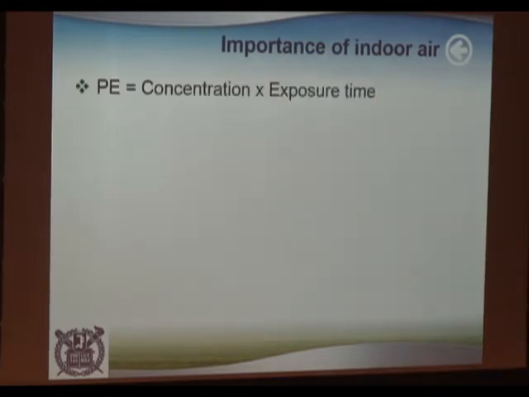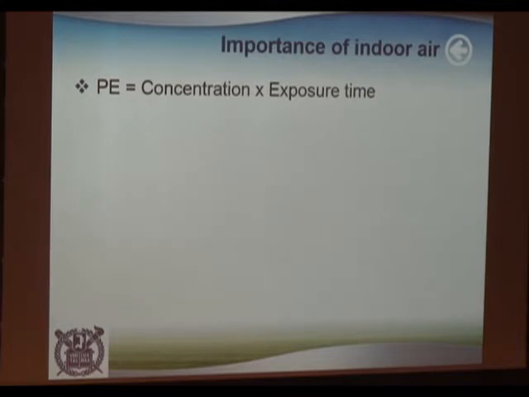So personal exposure can be described by indoor concentration and residential time. In the previous slide, I showed the concentration is located inside the box, and the person stayed outside. In that case, personal exposure is none.